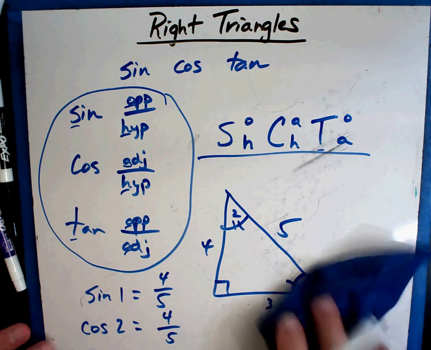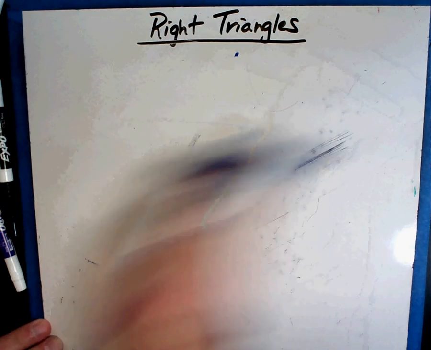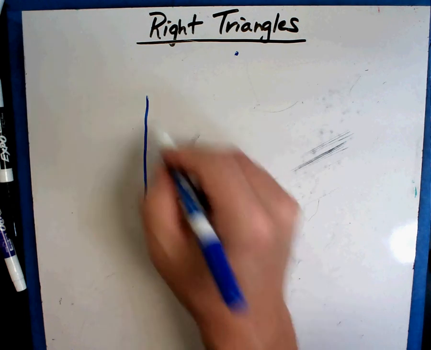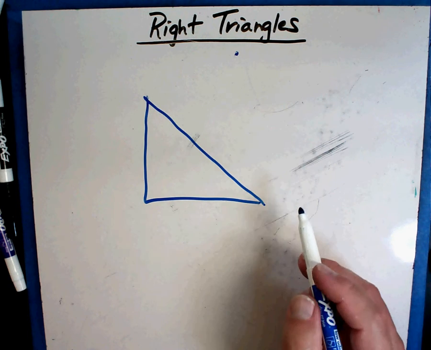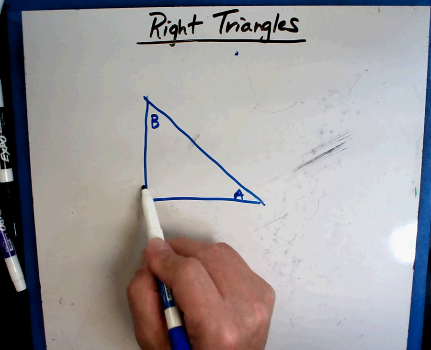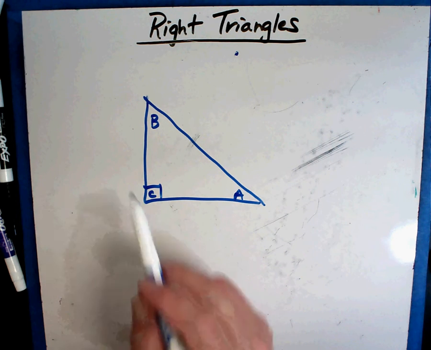So let me give you an example of how you might see one of these, and see if you can do this, and then I'll give you some in the now you try section. Let's say we have a triangle that looks like this. Angle A, angle B, angle C, there's my right angle.